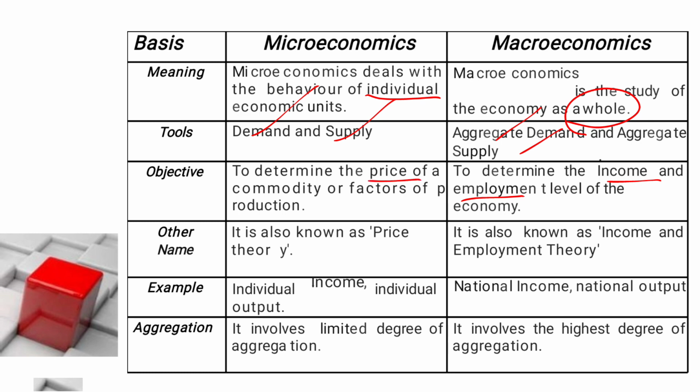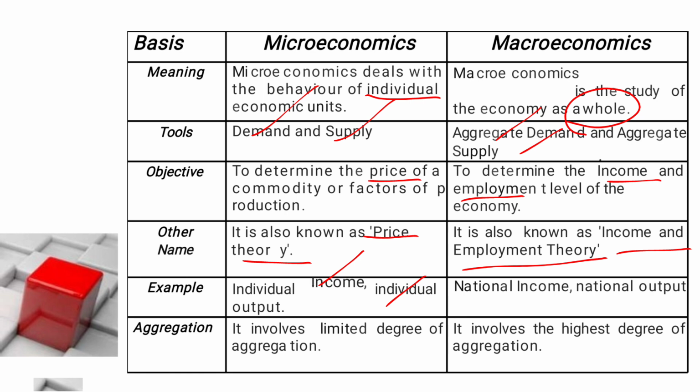Now, microeconomics has another name which we call price theory. Here we call it income and employment theory. Microeconomics is a study about individual income, individual output, everything about an individual. But macroeconomics studies the entire economy.